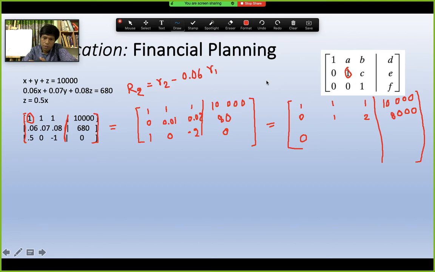What we are doing here is row 3 equals row 3 minus row 1, and 0 minus 1 means minus 1. Then minus 2 minus 1 equals minus 3, and this is minus 10,000.